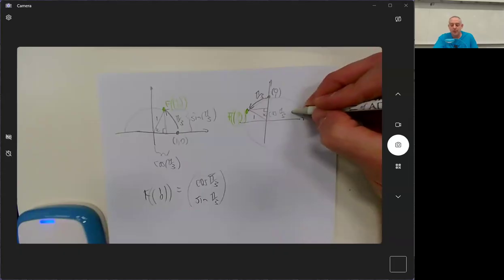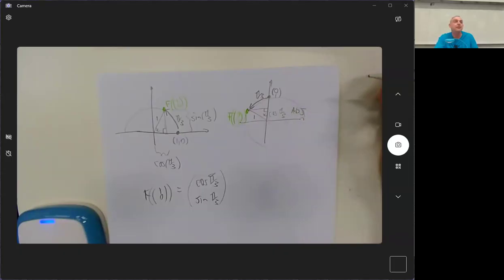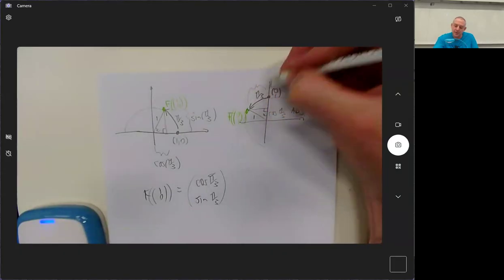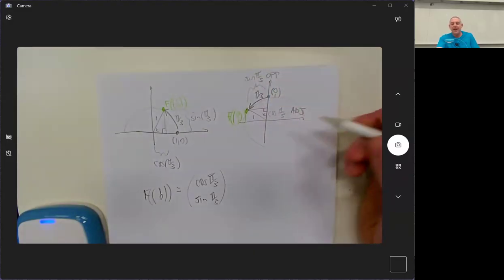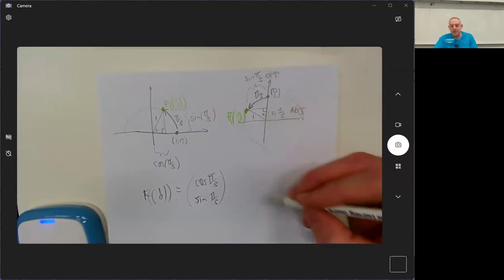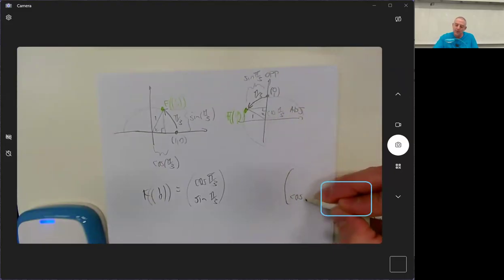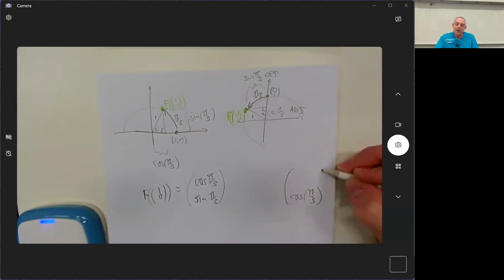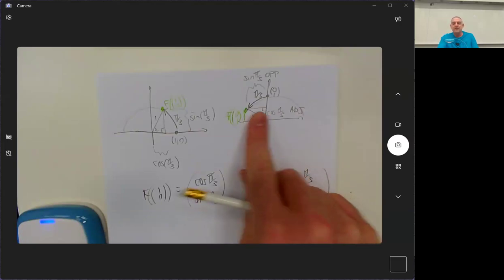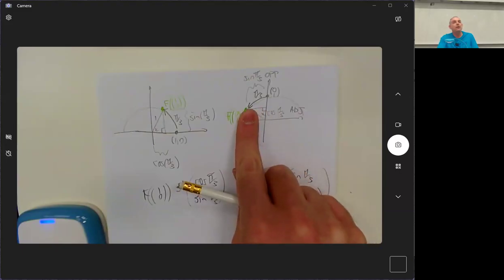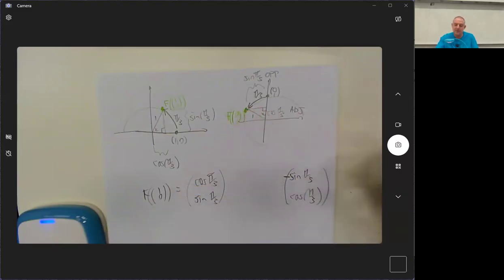It's the adjacent side. And this is sine of pi on 3 because it's the opposite side. But that's on the x-axis. And so the y-coordinate now is cos of pi on 3, and the x-coordinate is sine of pi on 3. But are you looking? That's a negative number. Minus sine pi on 3.